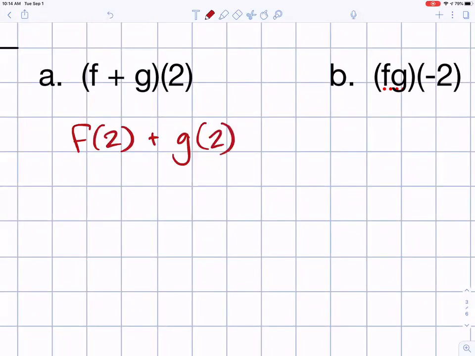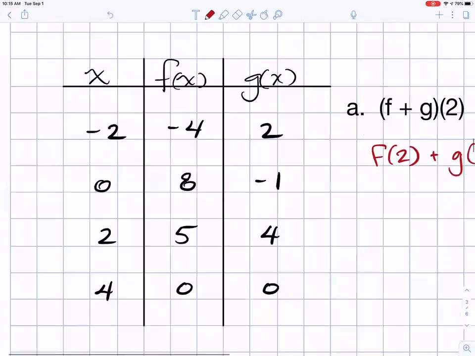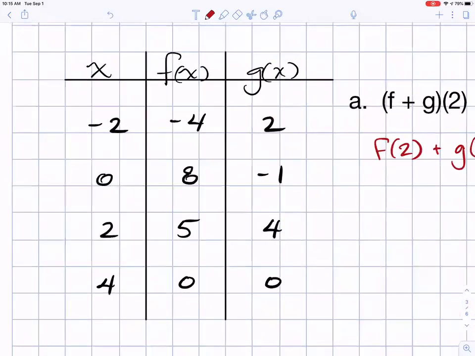And now that I have them separated, go to your table and let's figure out what is F of 2. What is F of 2? Yeah, it's 5. Because here's my x value of 2, and I want f of 2, so this is where I'm going to use f of 2 is equal to 5. So let's plug in f of 2 is the same thing as 5.